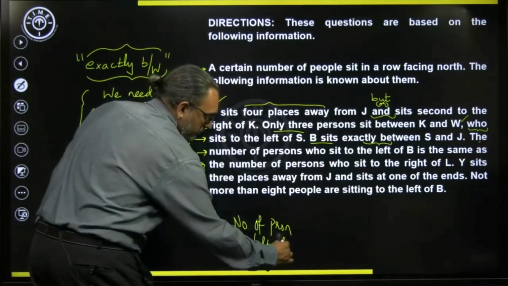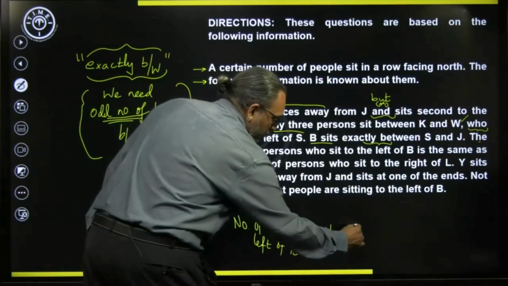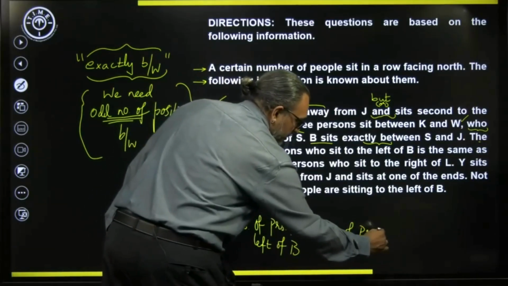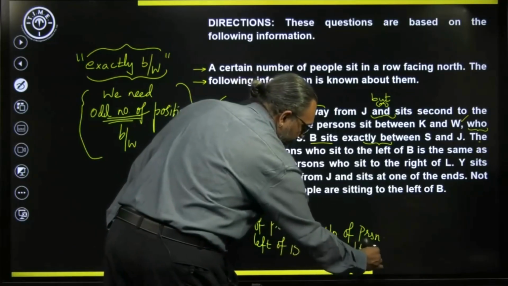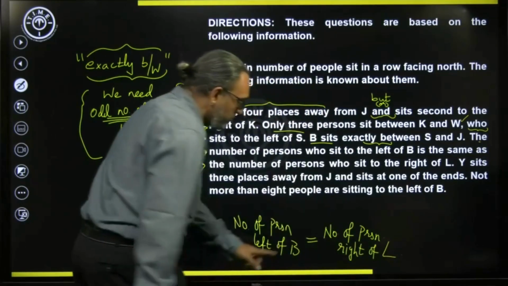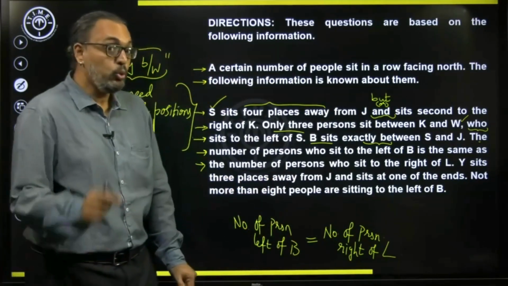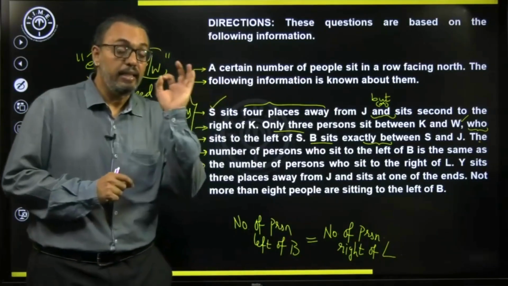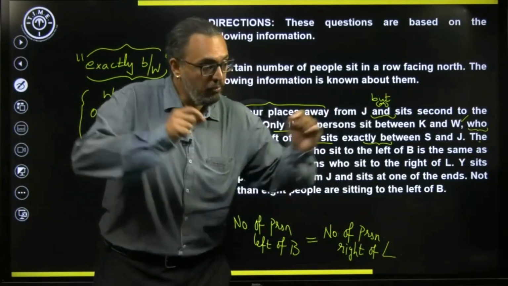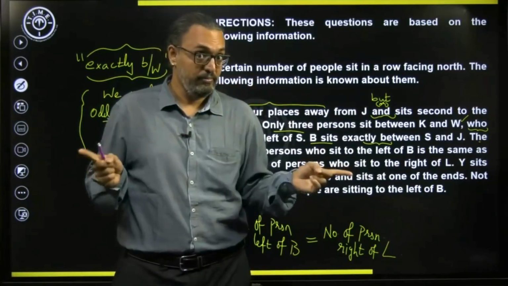It doesn't matter who is coming in that condition. When you have a condition like this, you must always fix the 2 persons involved in that condition in the same positions but from opposite ends with interchangeability.